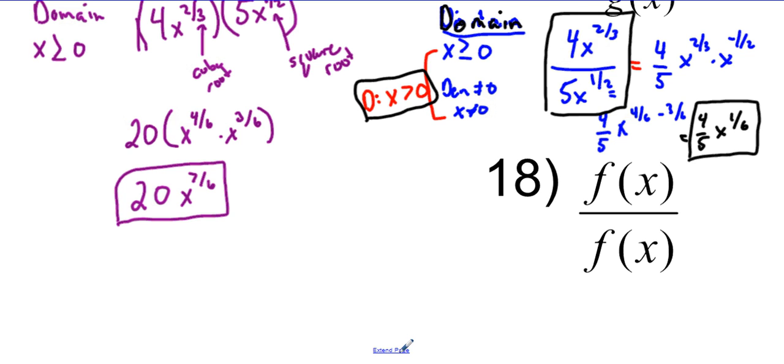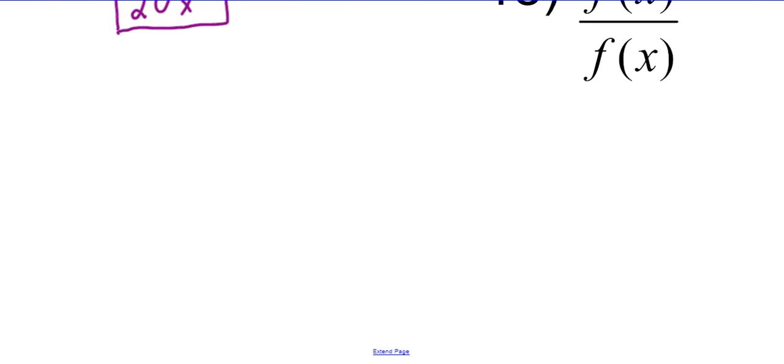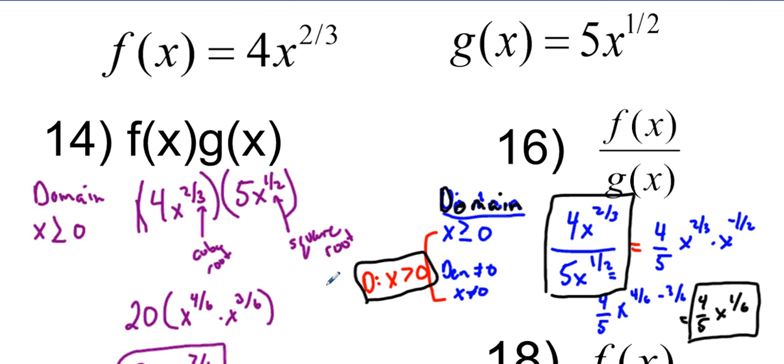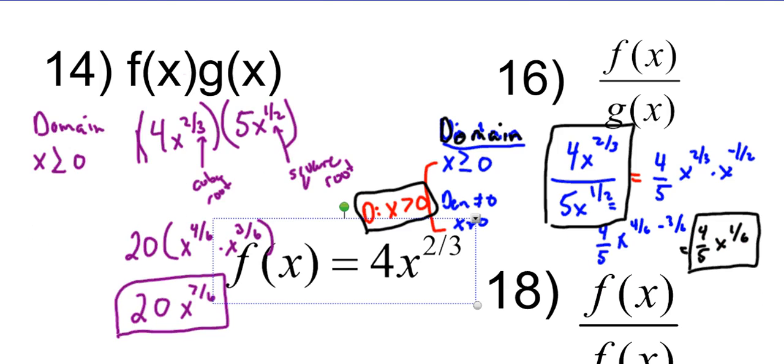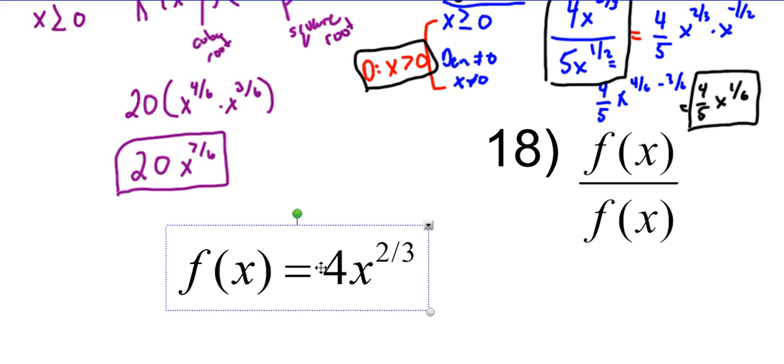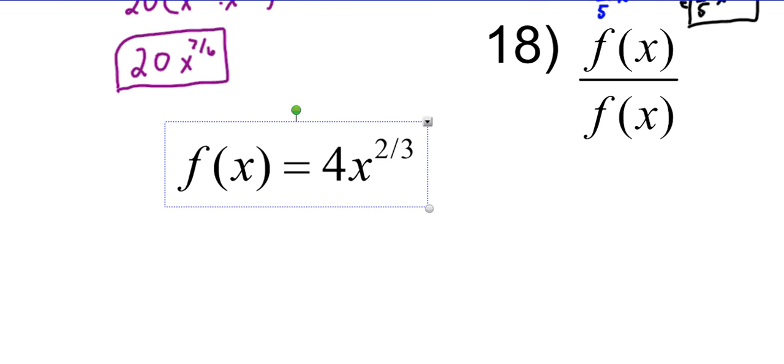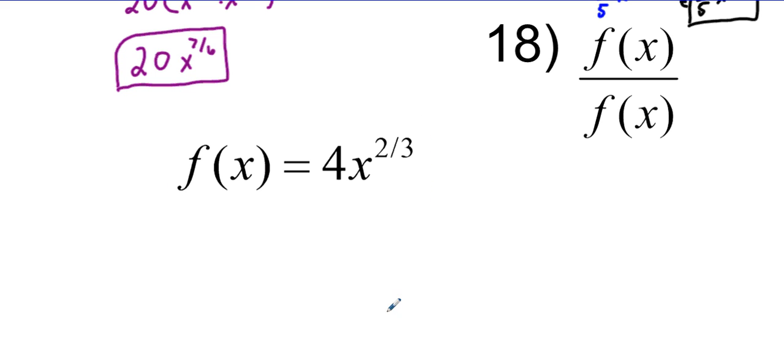When we write this out, f of x, if you recall, I'm just going to bring this down here, since we just have one of them. So we're going to take f of x divided by f of x. So what we have is 4x to the 2/3 divided by 4x to the 2/3.